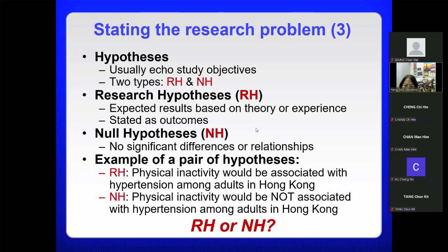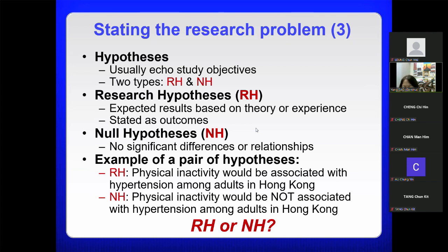Here is an example of a pair of hypotheses. Research hypothesis: physical inactivity would be associated with hypertension among adults in Hong Kong. That means the author expects physical inactivity to be significantly related with hypertension.